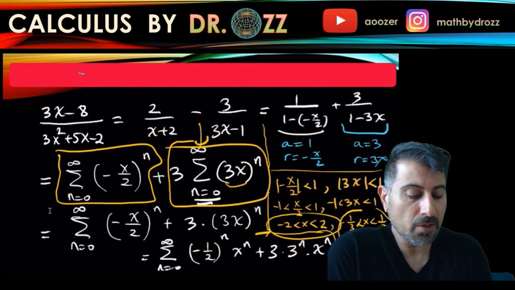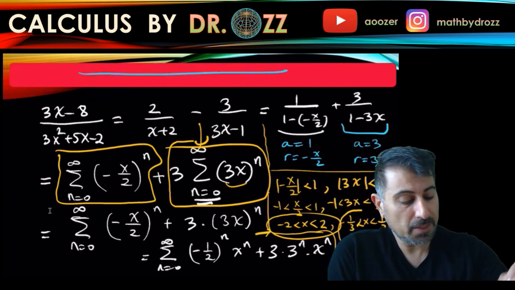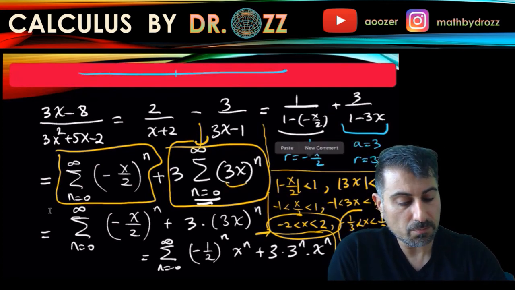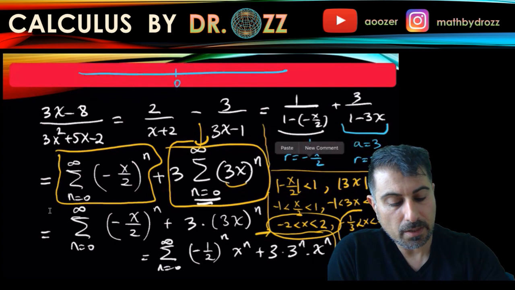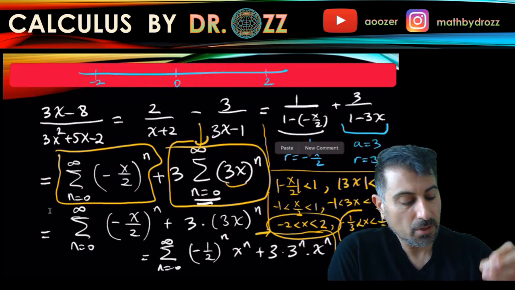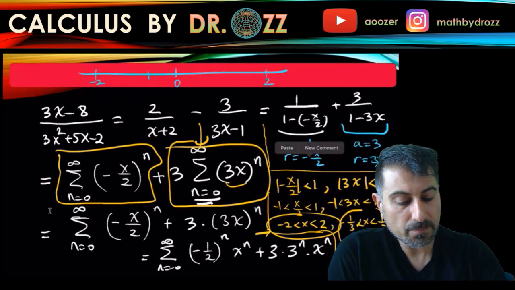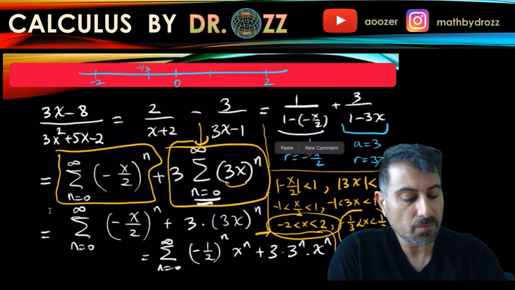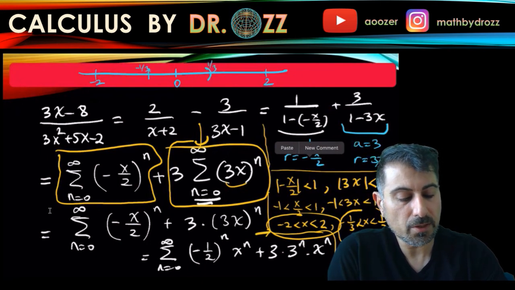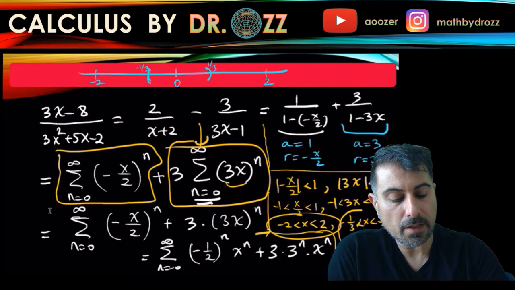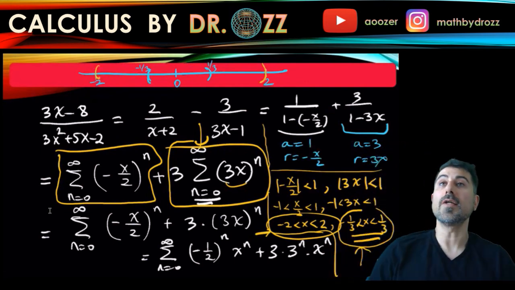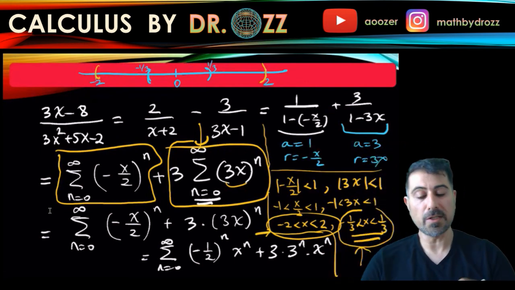And how do I do that? Well, we have the bigger interval, with 0 here, negative 2 here, and 2 here. And then you have negative 1/3 and plus 1/3. So we have one interval here and another interval here. The intersection of that is going to be the one in the middle, obviously.